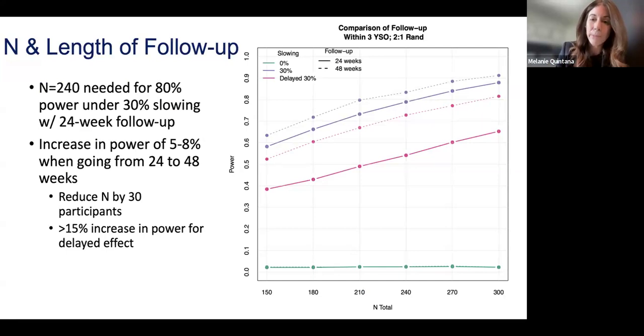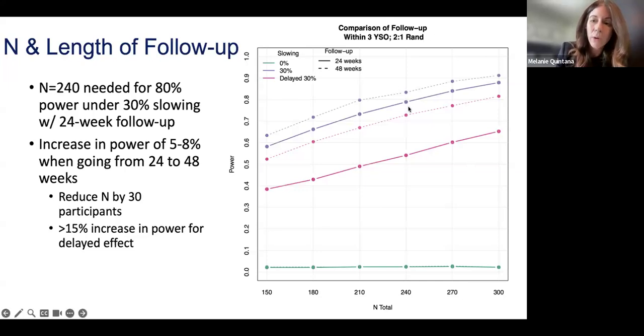But it shows power in the purple line of a common 30% slowing, similar to that green line I showed before, under different sample sizes, going from 150 up to 300, assuming, say, a randomization ratio of 2 to 1, with some restrictions on the inclusion-exclusion criteria. And the solid line is the power for a 24-week trial versus the dotted line, which is the power for a 48-week trial.